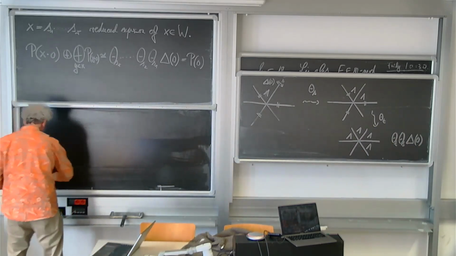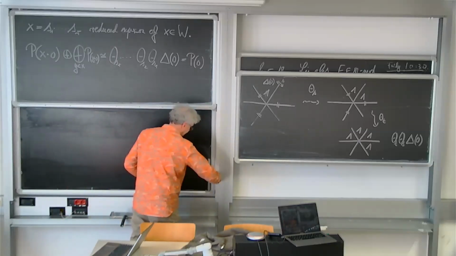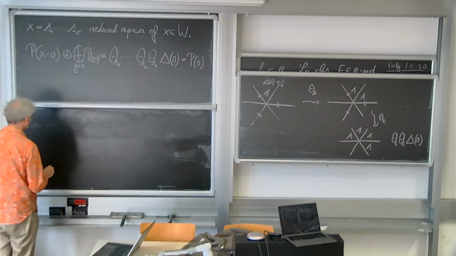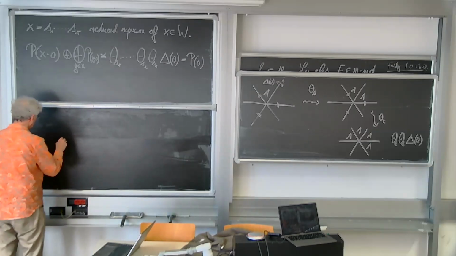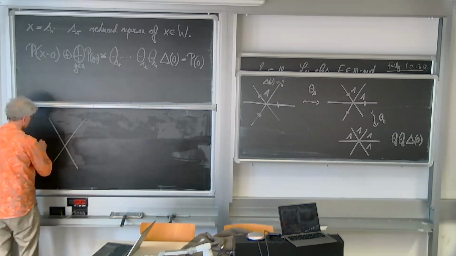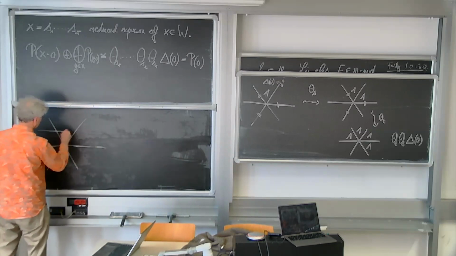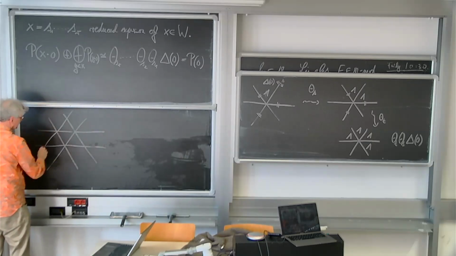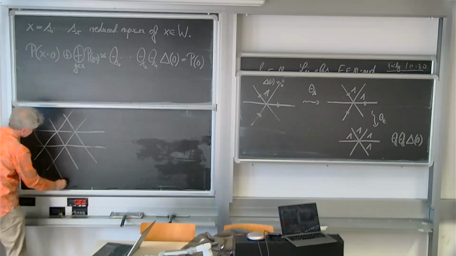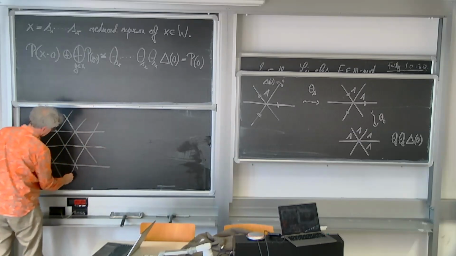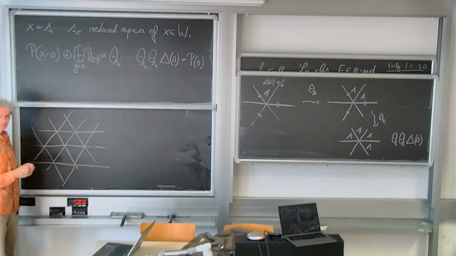To make nicer pictures, I might even take an affine reflection group. So let's imagine we have an affine reflection group. So here maybe like this. This is the mirrors of the picture, and this is an affine reflection group, generated by all these mirrors.